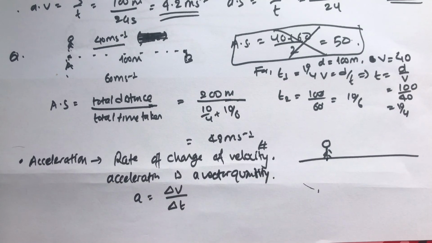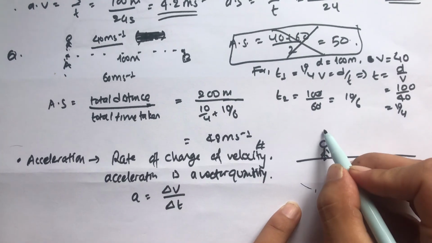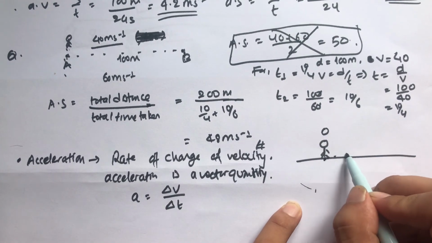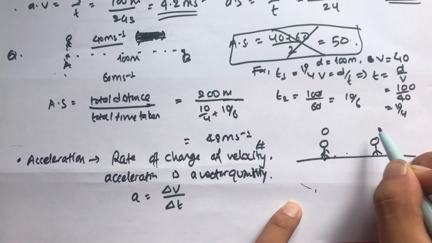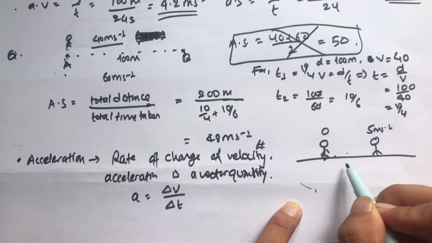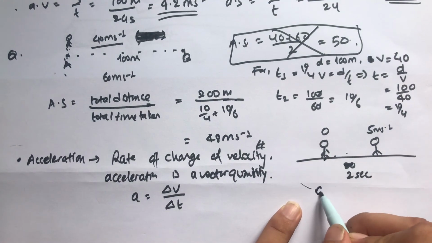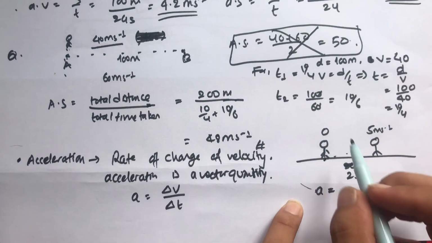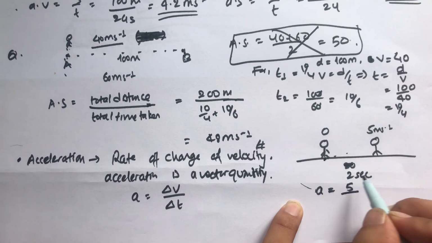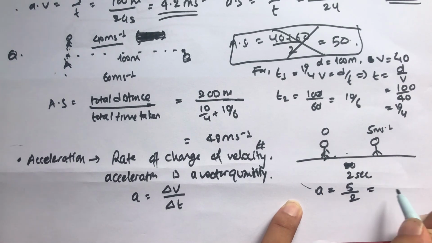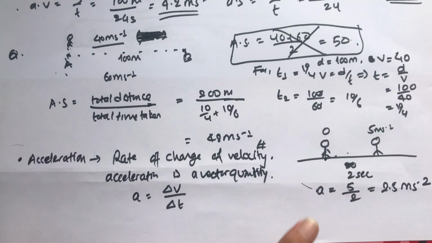Let's say a boy starts from rest and reaches a speed of 5 meters per second in, let's say, 2 seconds. So his acceleration here would be change in velocity, which is 5, and the time it took was 2, which is 2.5 meters per second squared. So this is acceleration.